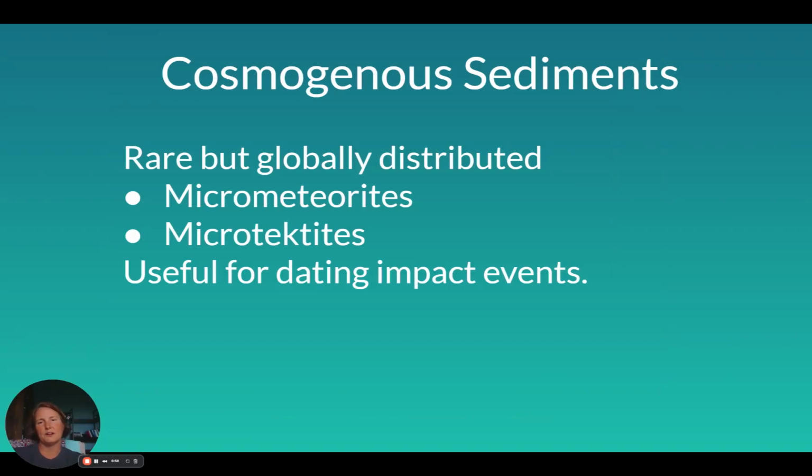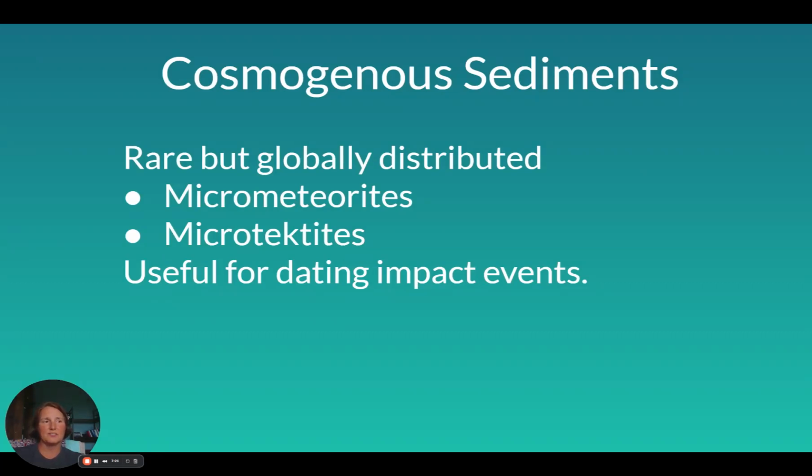Cosmogenous sediments, very rare, but distributed fairly evenly across the globe. We have micrometeorites and microtektites, and they essentially help us date sediment layers and identify impacts that may have happened over time.